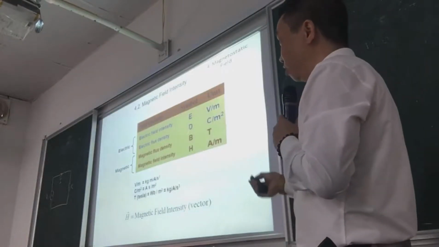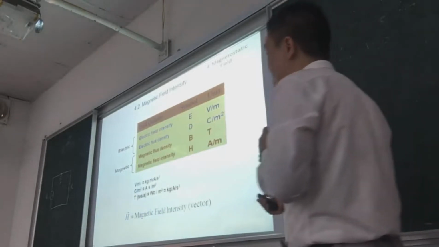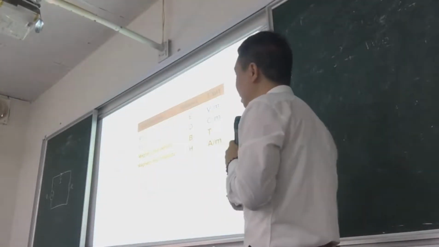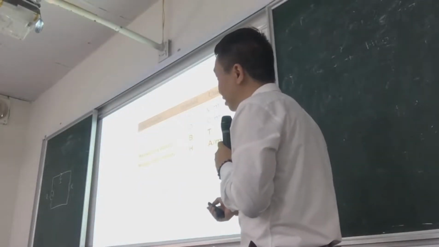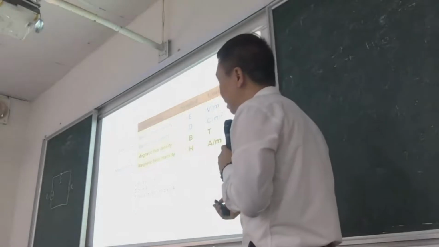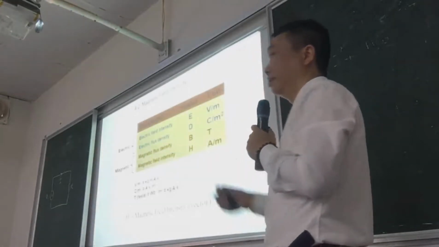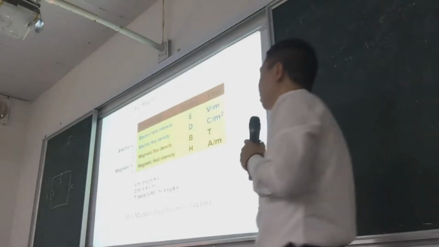Okay. So I remind you about some important quantities. For electric, you have the electric field intensity E and the electric flux density D, and E and D can be used interchangeably.